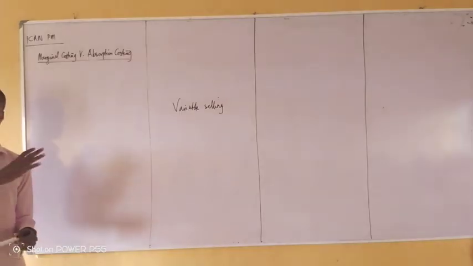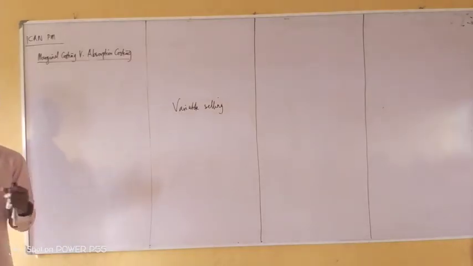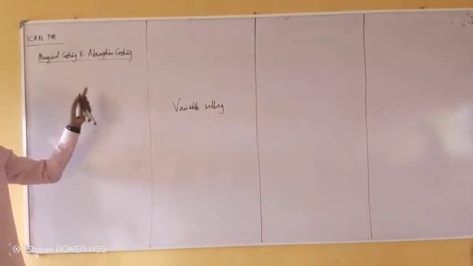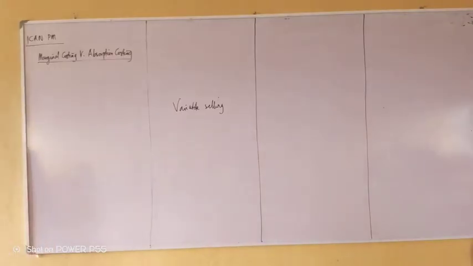So we're going to look at a question. The question is going to show us different costs, and we are going to produce an income statement using both marginal and absorption. The question is already on your group. We see MCT versus ACT 1 and 2.